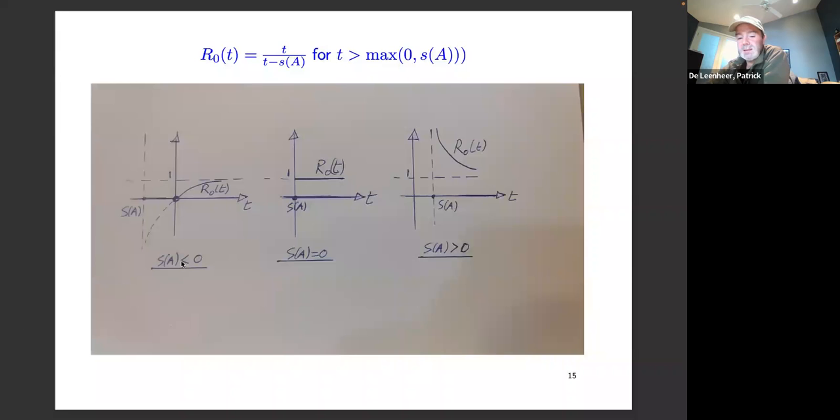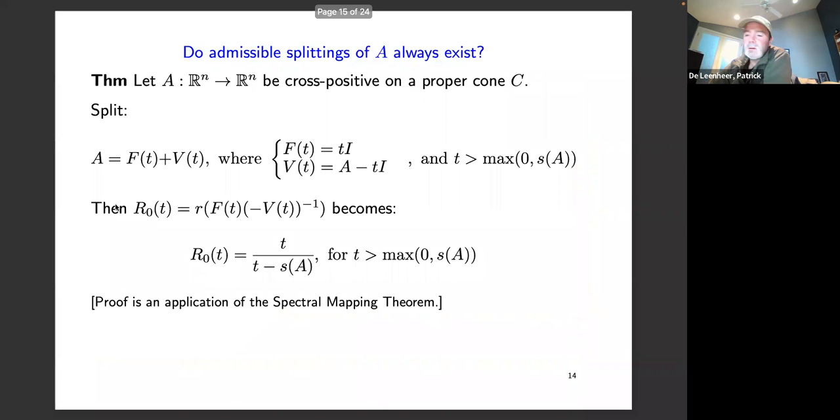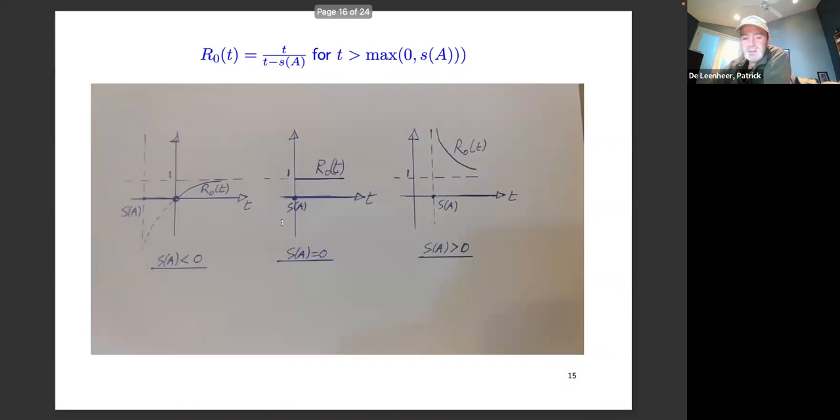If s of A is negative, t has to be bigger than the maximum of 0 and some negative number, which is right here. So it goes from here to here. Hang on, did I get this right? It has to be bigger than 0, right? If s of A is negative, t has to be bigger than 0. So it started here, and the plot of this function is just a monotone increasing function from 0 going to 1.